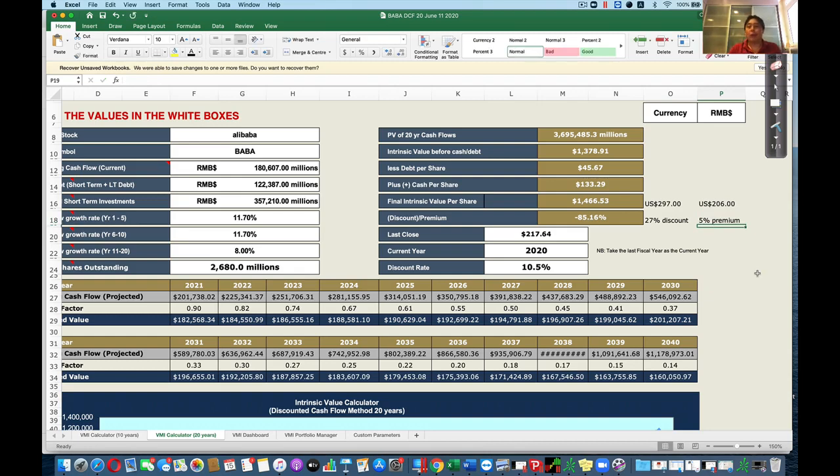So in other words, worst case scenario, what you're paying for the share right now is just about 5% above its value. But if it grows at 22%, which is what we more or less expect, and then slows to 11%, that is a 27% discount. So we've got a pretty good margin and buffer of safety.